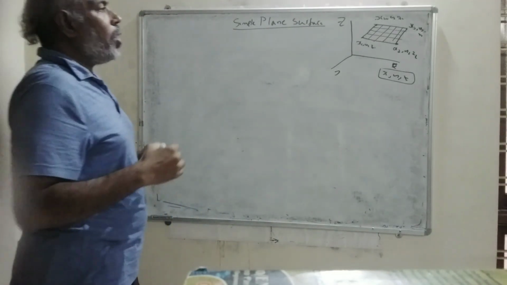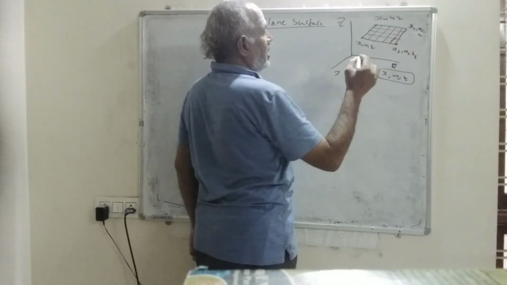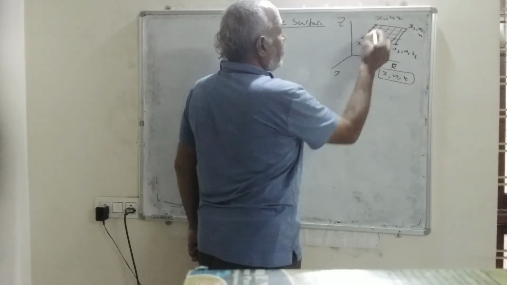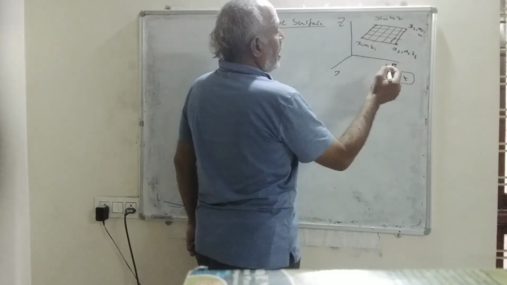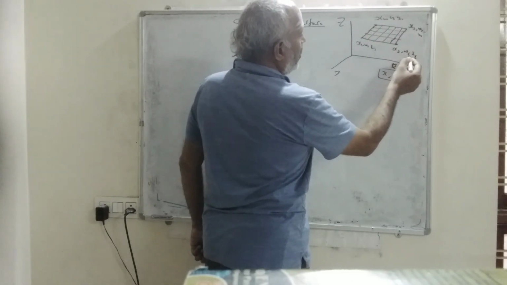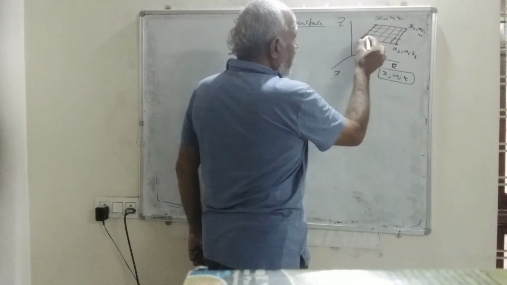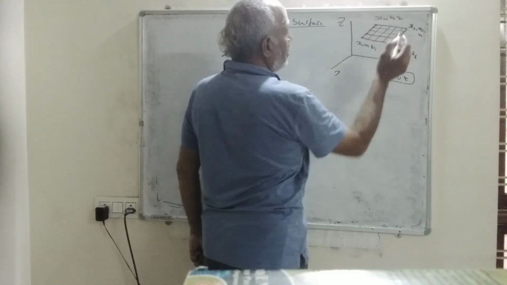To understand this, you have to generate several points between x1, y1, z1 and x4, y4, z4, and also several points between x2, y2, z2 and x3, y3, z3. After generating one point here and another point here, find different lines and different points.